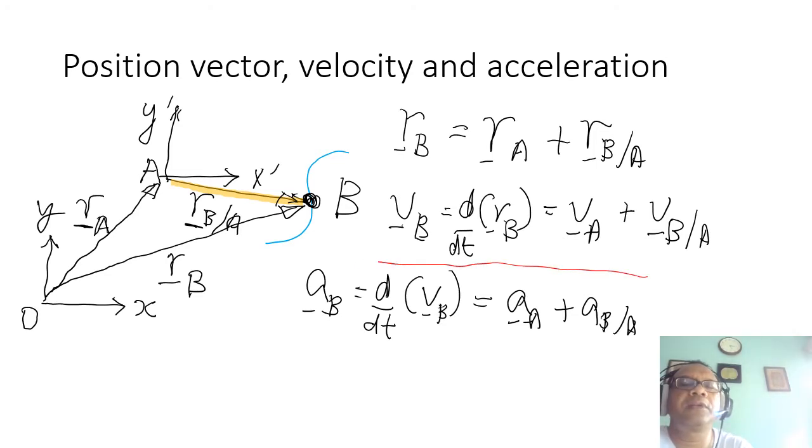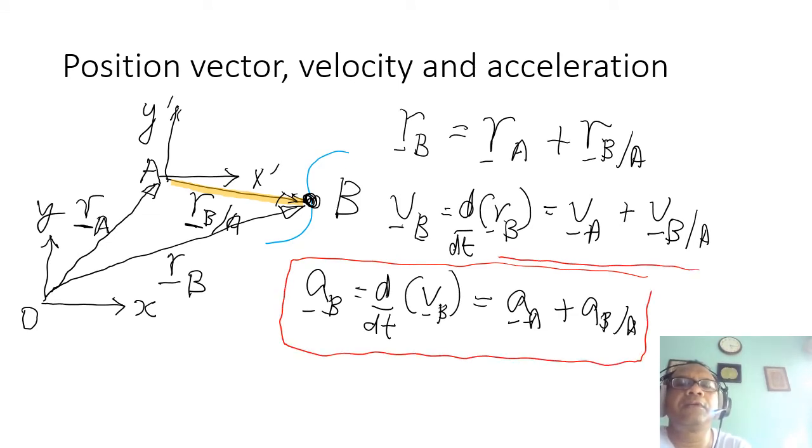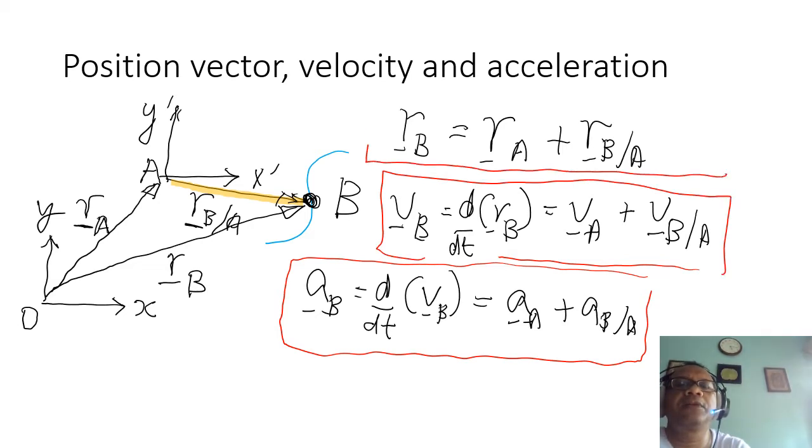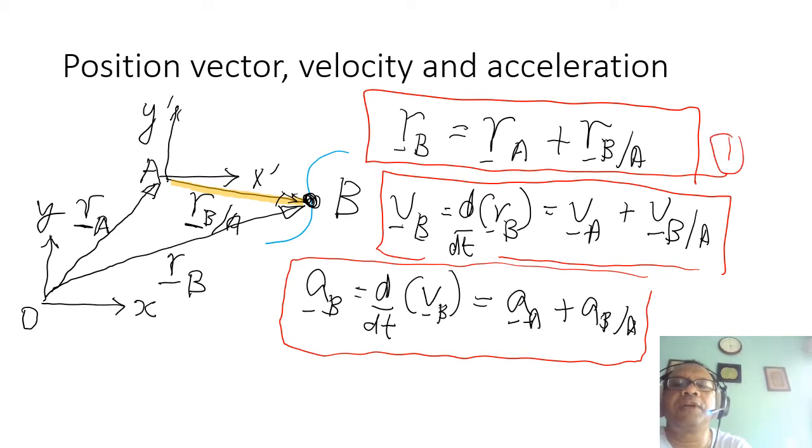This is the acceleration equation, this is the velocity equation, and this is the position vector equation. So we have covered position vector, velocity vector, and acceleration vector. It's just a very straightforward application.